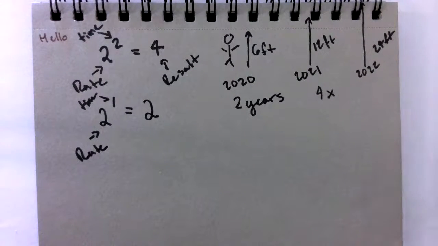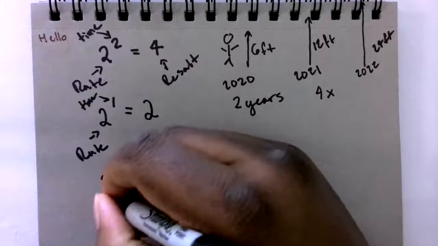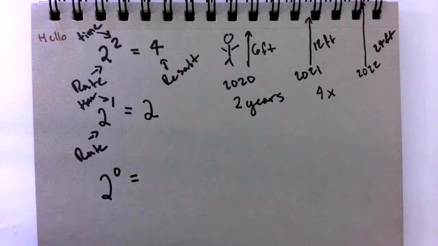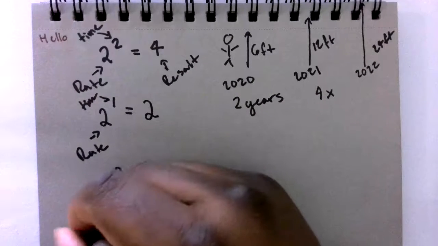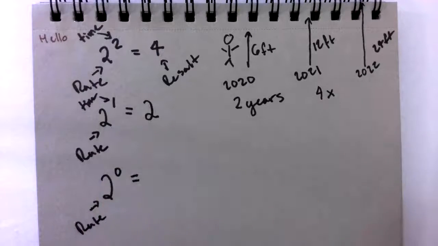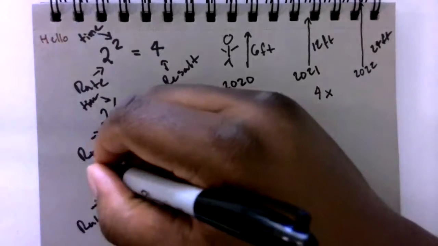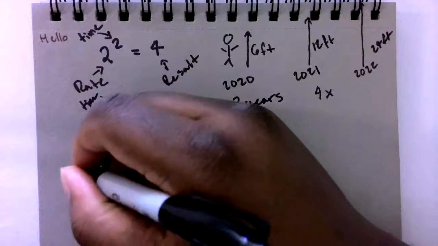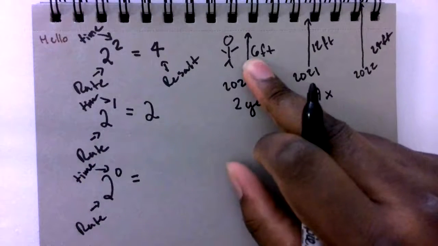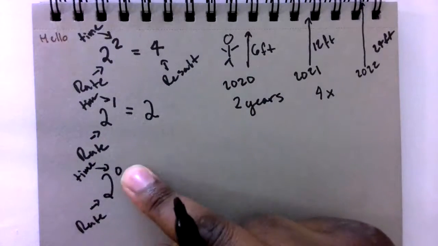Okay, let's keep going. What is 2 to the 0 power? Well, the rate is I'm doubling. The time is 0, which means I haven't done anything yet. So how tall am I when I first started?